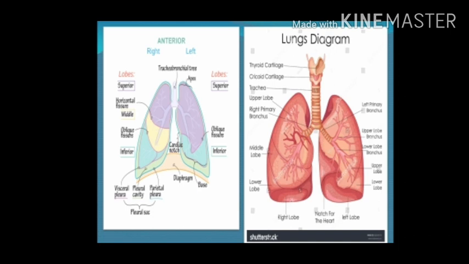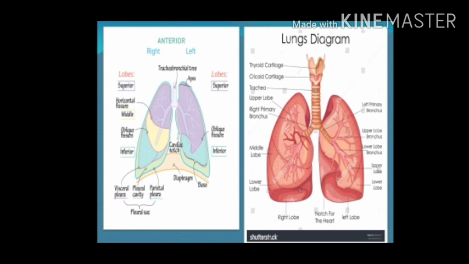Here are two different diagrams of lungs. In the first diagram, you can observe the different lobes of the right and left lung. The right lung has three lobes: superior, middle, and inferior, whereas the left lung has only two lobes: superior and inferior.